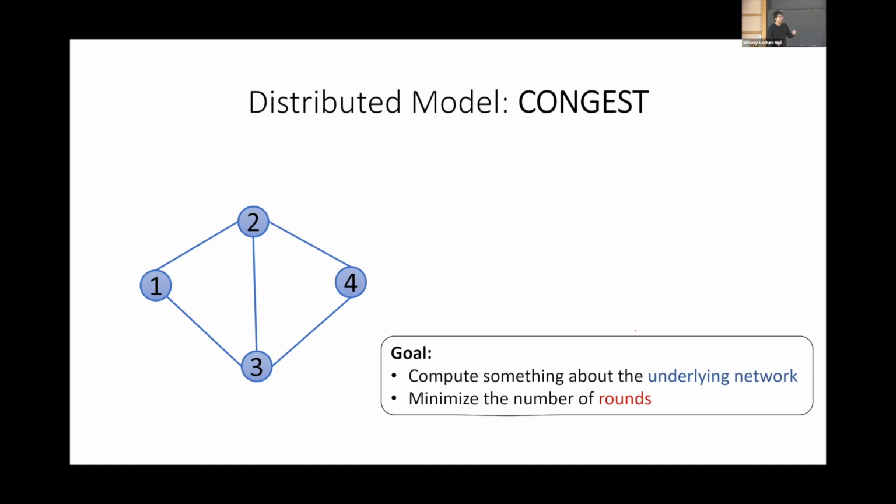Each node is one computer, and each computer can only talk to its neighbors. The goal is that everyone in the network would like to know something about this whole graph, but everyone can only talk locally to their neighbors. For example, what is the min cut of this graph?